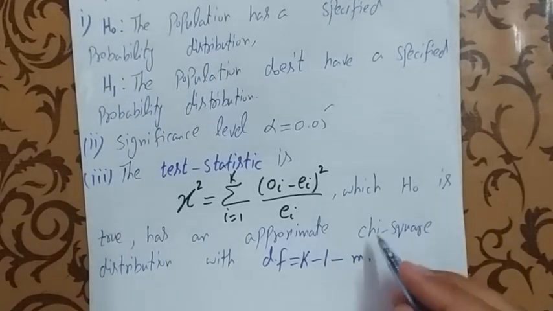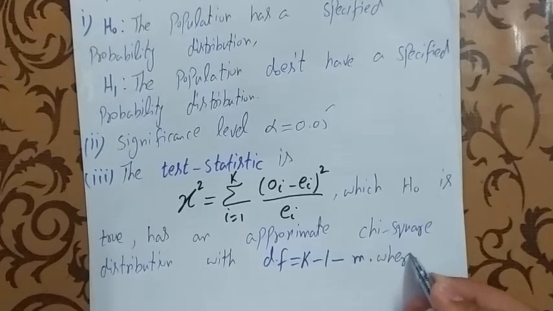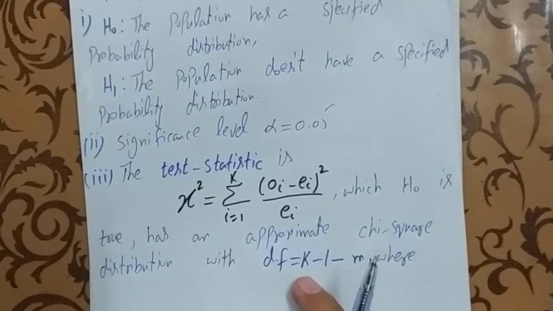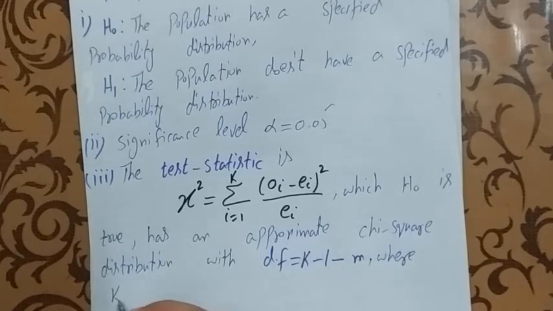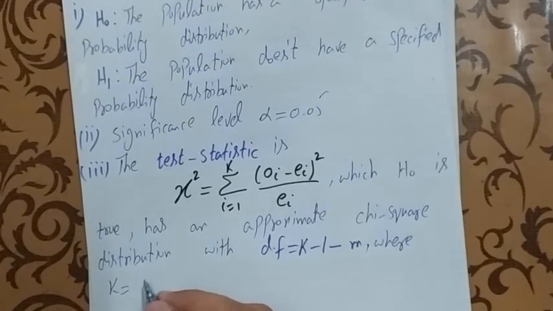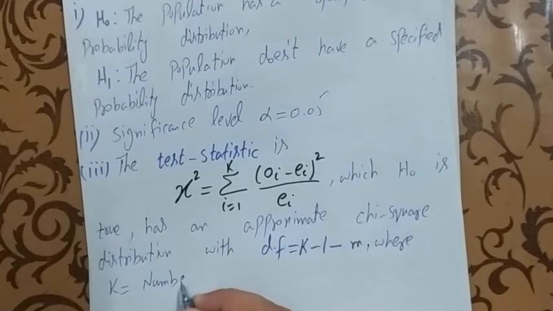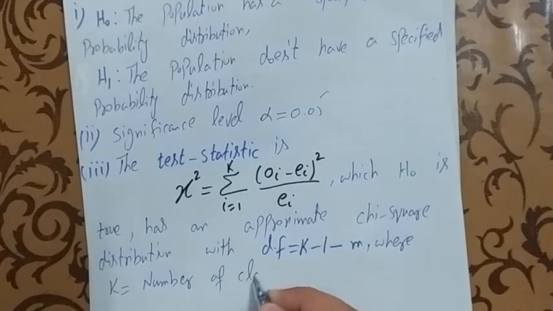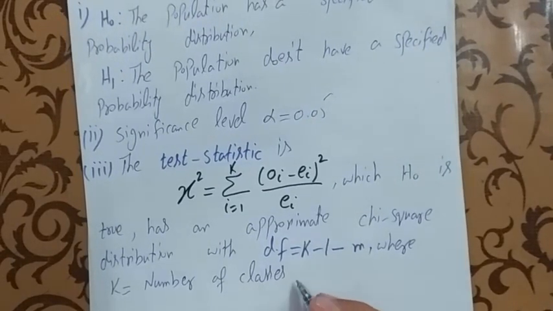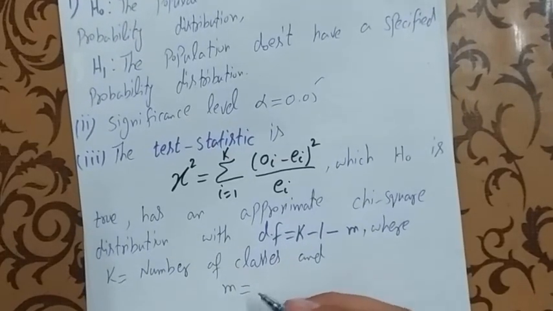where k is the number of classes in a problem and small m is the number of estimated parameters.